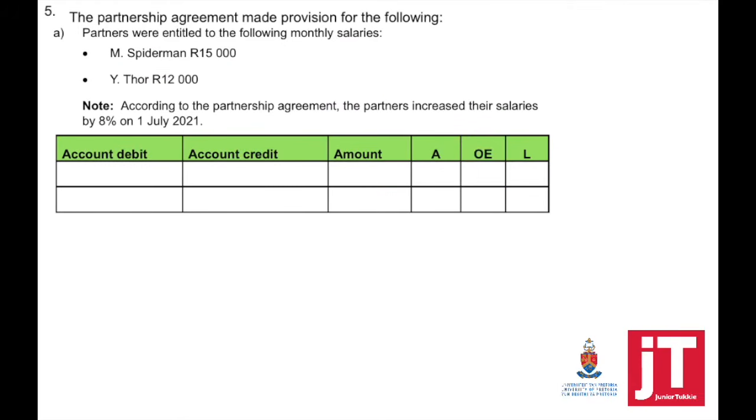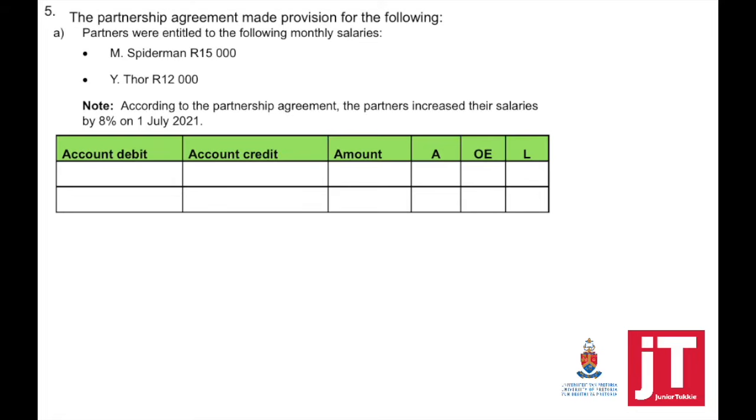If we look at question 5, the partnership agreement made provision for the following. Partners were entitled to the following monthly salaries. Spider-Man 15,000 and 4 12,000. Now, first thing which is important, this is monthly salary. When the owner takes his monthly salary, drawings is debited, bank is credited.